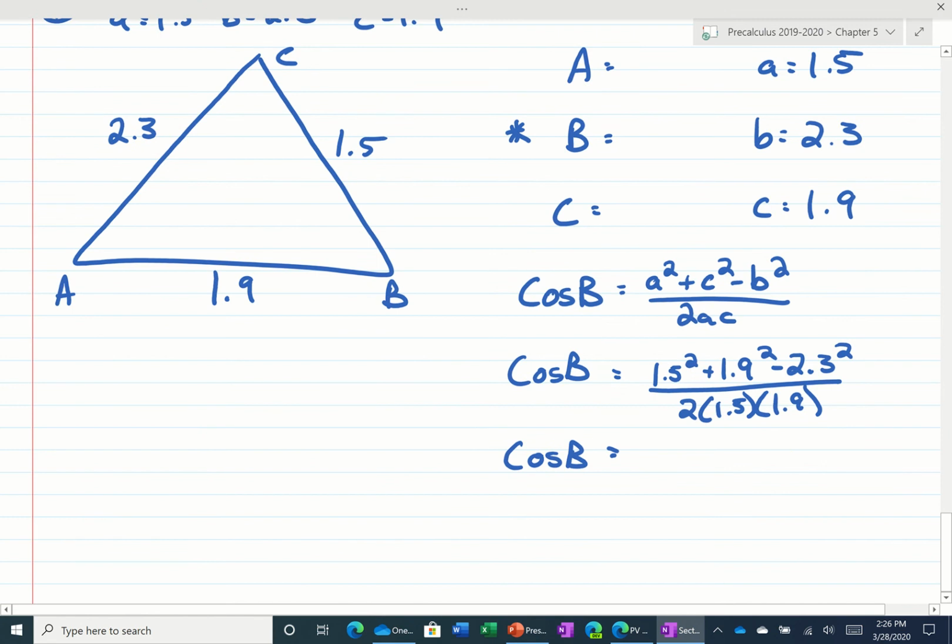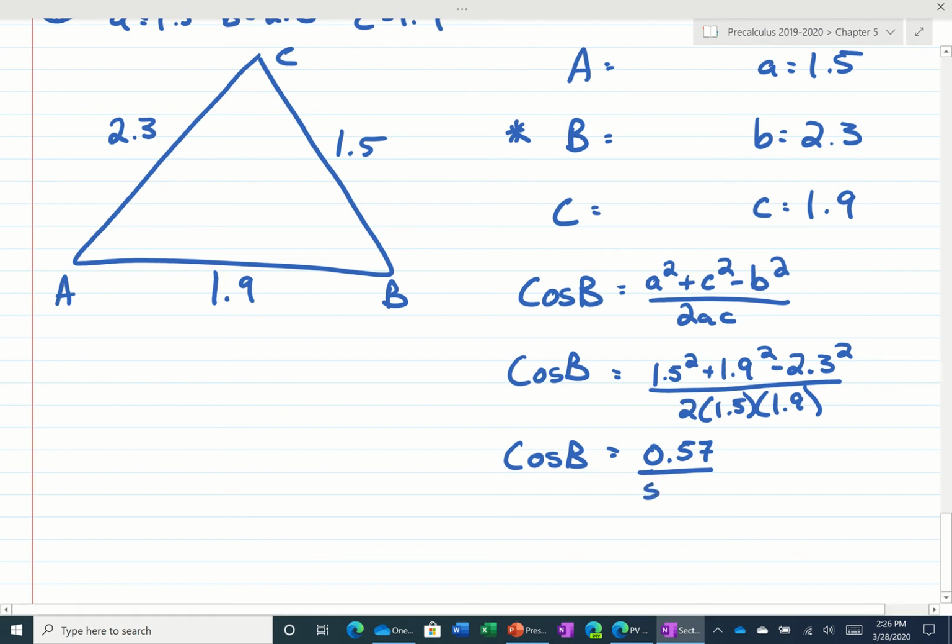And if you do this, let's see what we get. 1.5 squared plus 1.9 squared minus 2.3 squared. This is going to be 0.57 divided by 2 times 1.5 times 1.9.